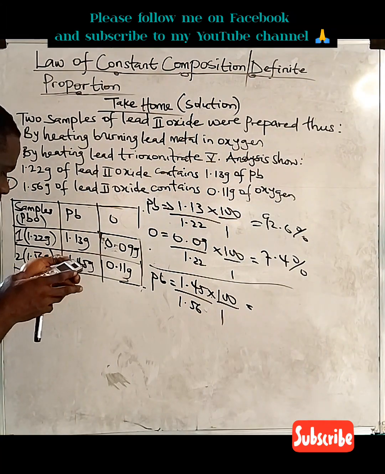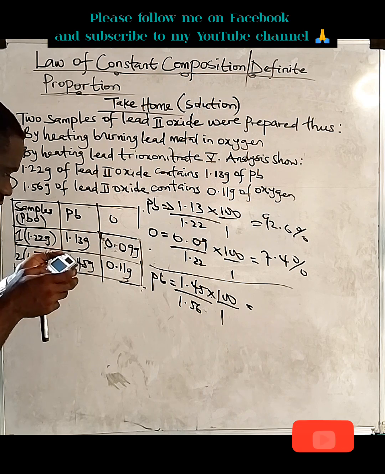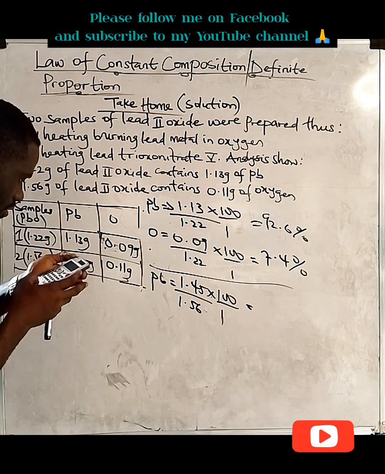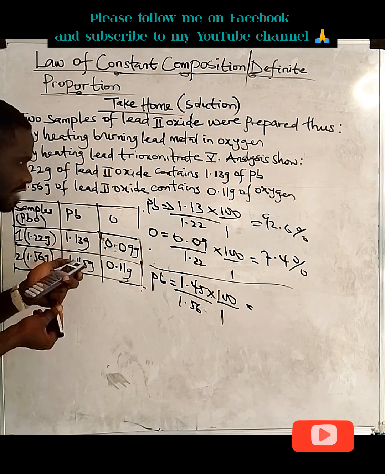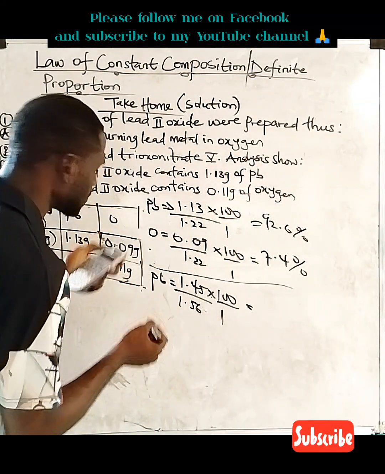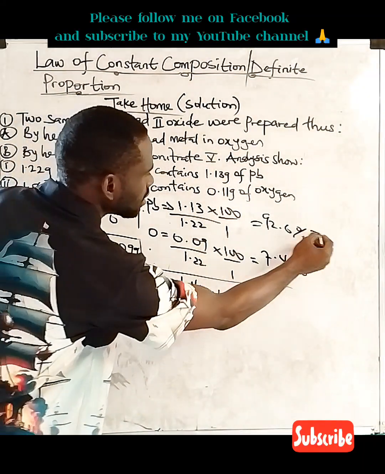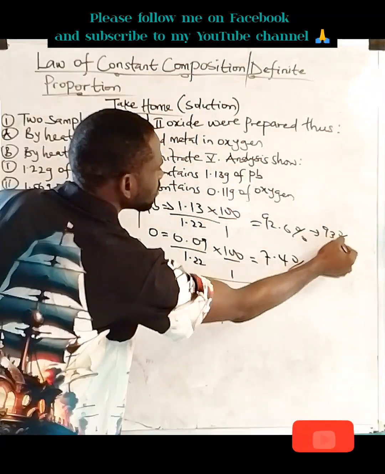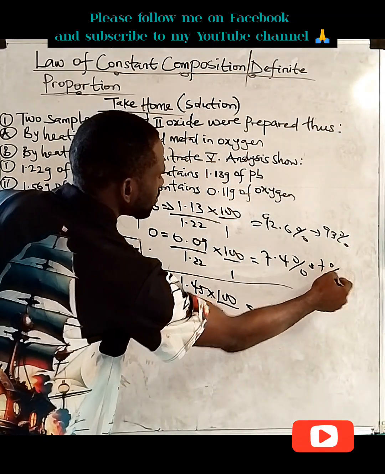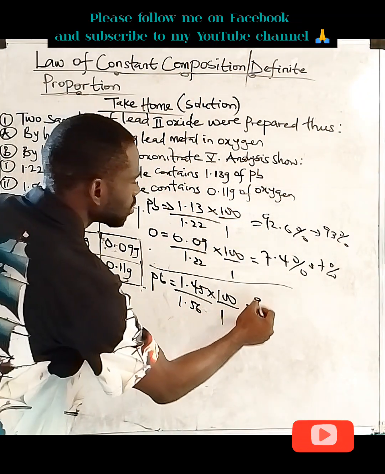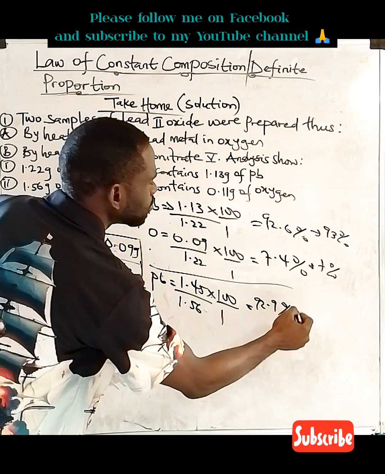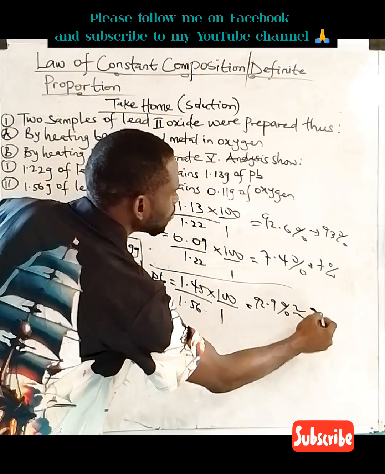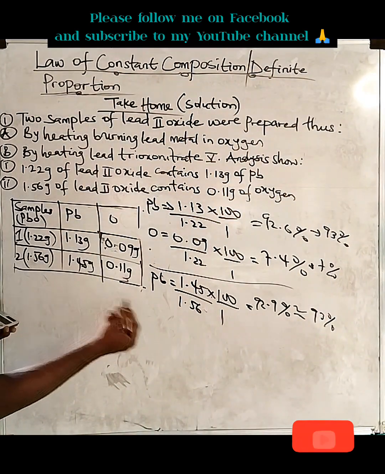It will be 1.45 times 100 divided by 1.56. So we have 92.9%, approximately 93%.